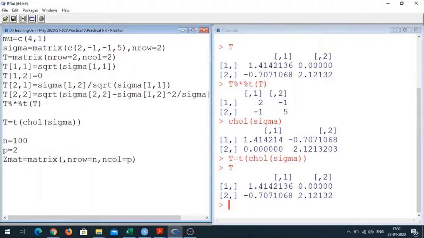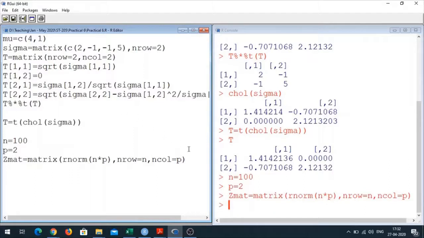So I would say rnorm, with how many total entries? n into p. So entries in Zmat are coming from univariate normal. That's why I'm not specifying mu and sigma, because if I don't specify them, it takes 0, 1 by default, and I arrange them in the form of an n cross p matrix.